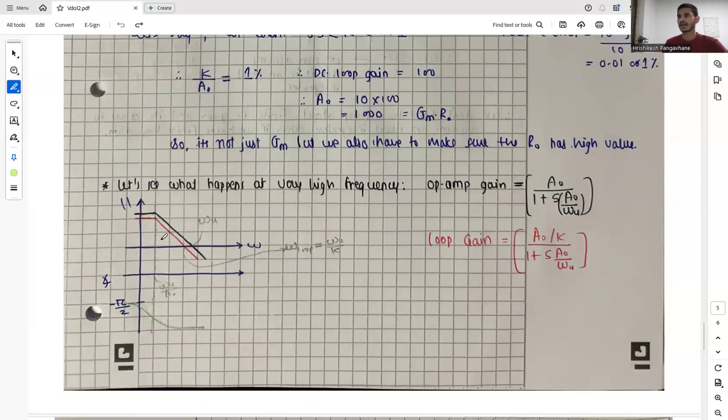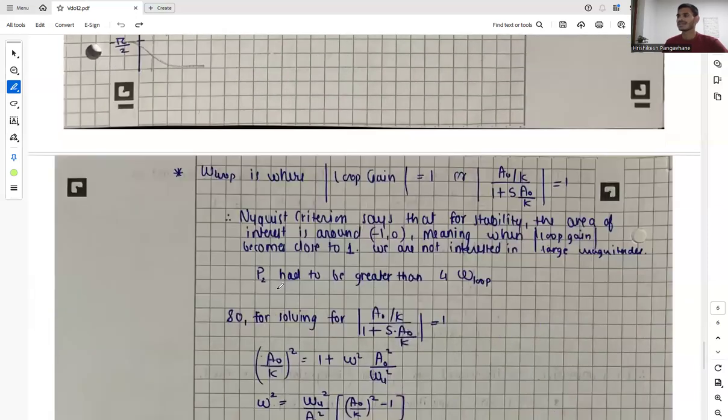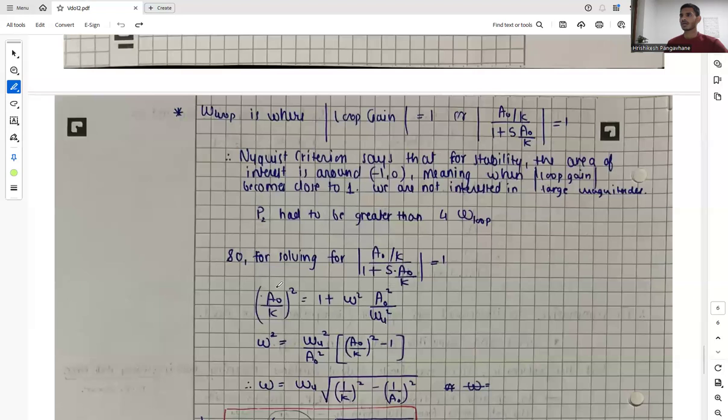But as we know, when we apply a Bode plot for loop gain, we arrive at unity gain bandwidth, which is omega loop, which is equal to omega u by K, and for our opamp gain the unity gain bandwidth lies at omega u. So these are some facts, and now omega loop is where the magnitude of loop gain is equal to 1.